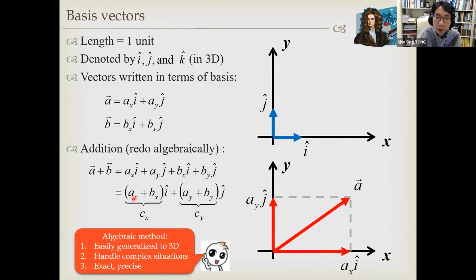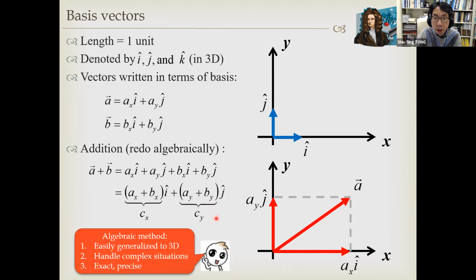So this becomes Ax plus Bx multiplied by i. And I also gather the terms with the unit vector j. So it becomes Ay plus By times unit vector j. And so you can easily see that the x component of the resultant is just Ax plus Bx, and the y component of the resultant is just Ay plus By.